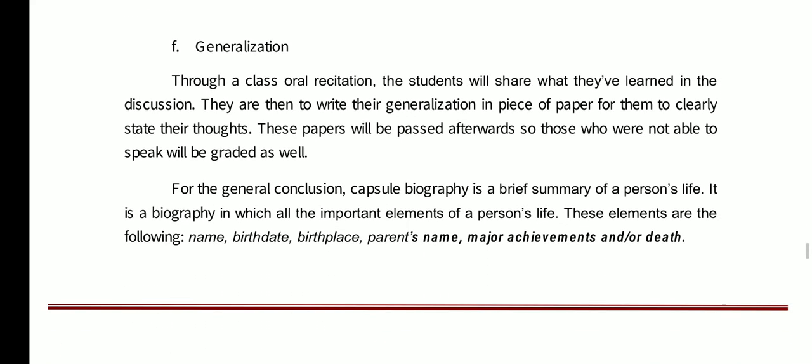And for generalization, through a class recitation, the students will share what they have learned, and each student is also to write their generalization on a piece of neat paper to be passed so that all students will receive a grade.